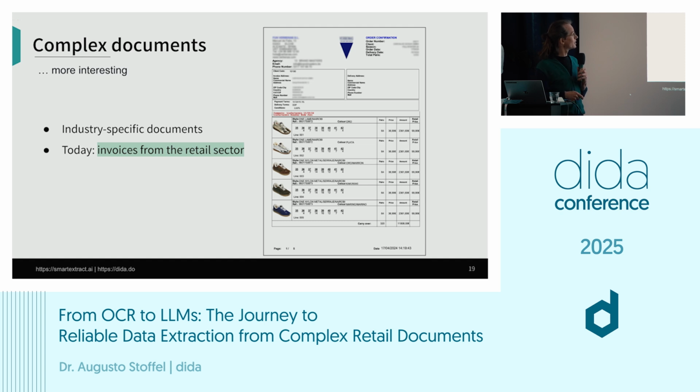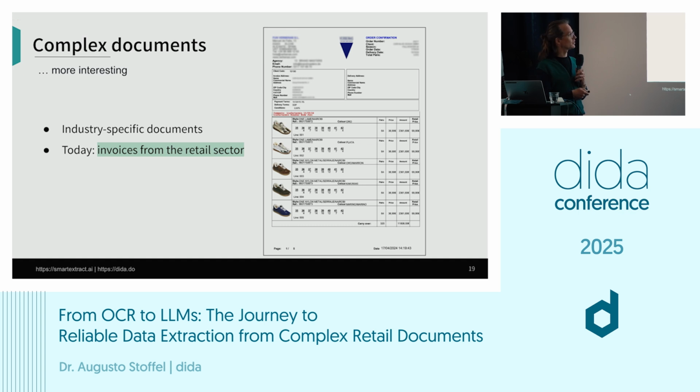Now, something more interesting, which is what I want to look at today, are some industry-specific documents, and what I want to pick today is invoices from the clothing retail sector, right? So this is some order some store made.